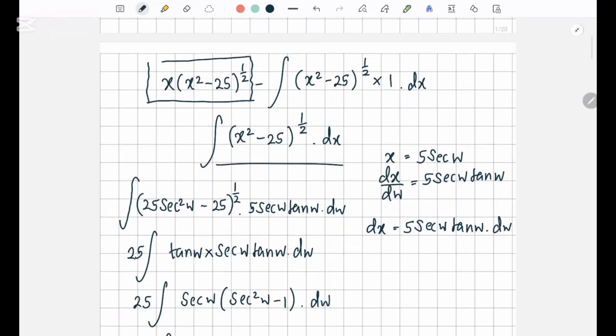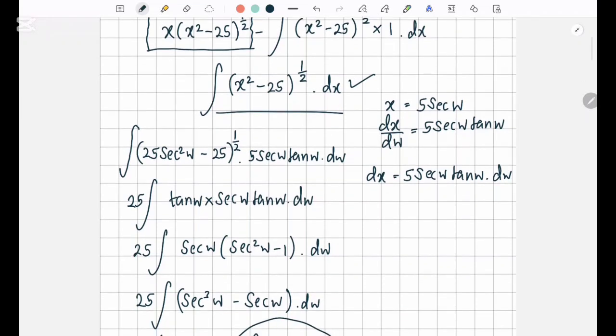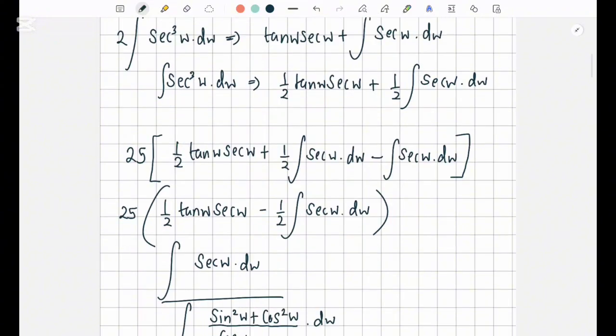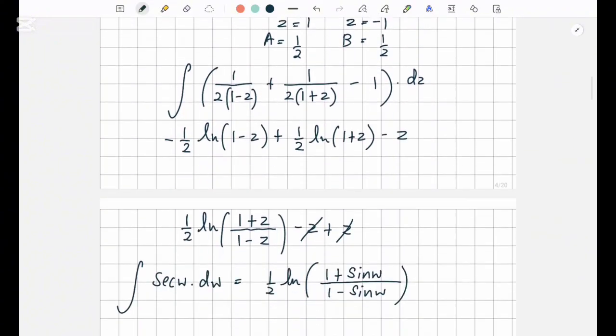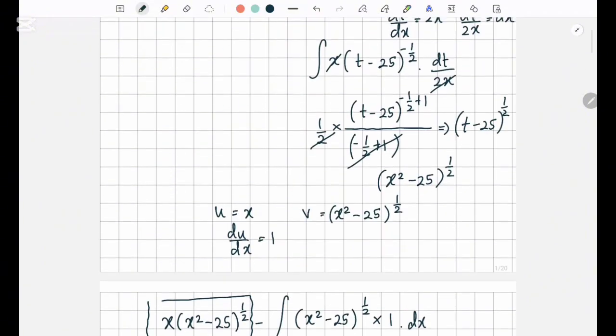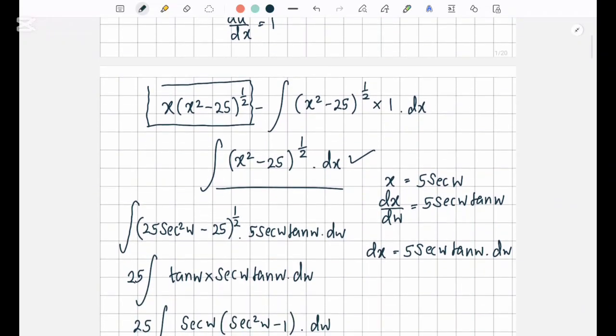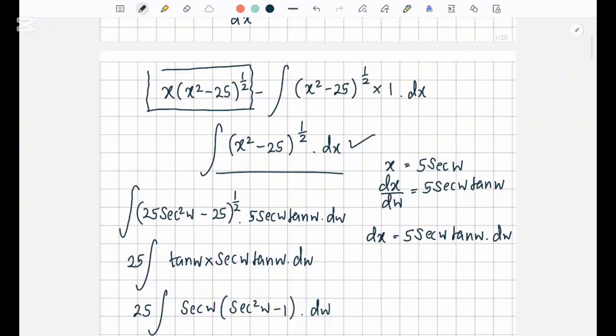So the integral we had just down below is the answer for this integral right here, x squared minus 25 in brackets to the power half. So we need a negative sign in front of it, and then we add x into x squared minus 25 to the power half. Let me just double check everything. Yep.